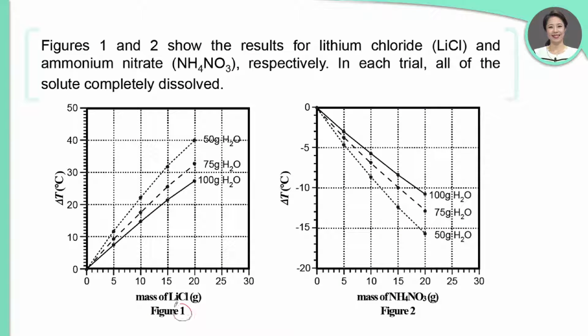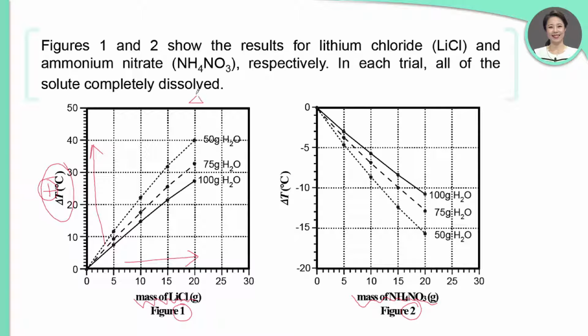Here you see two figures, figure 1 and 2. In figure 1, you use the mass of LiCl. In figure 2, you use the mass of NH4NO3. As you increase the mass of LiCl, you increase the delta T, and here delta T is positive.